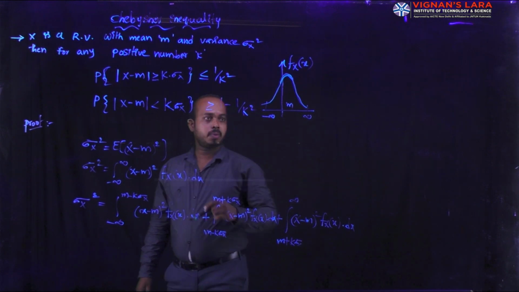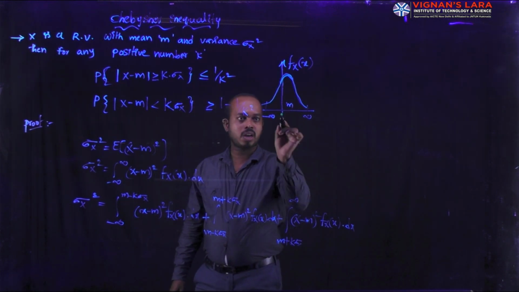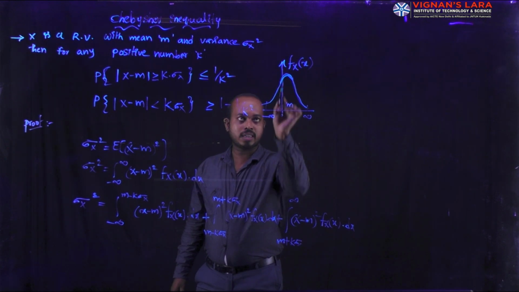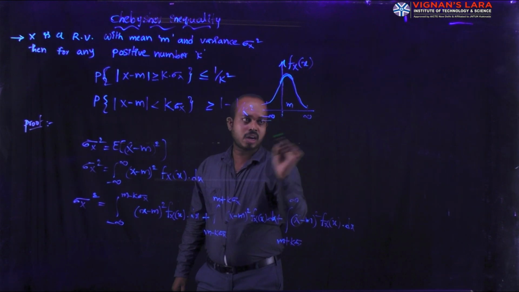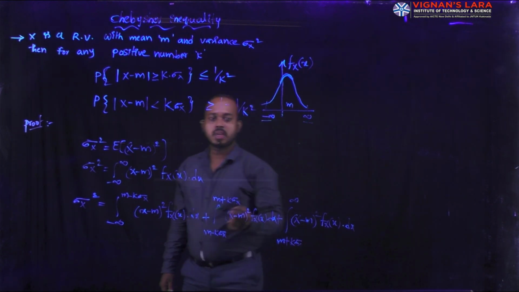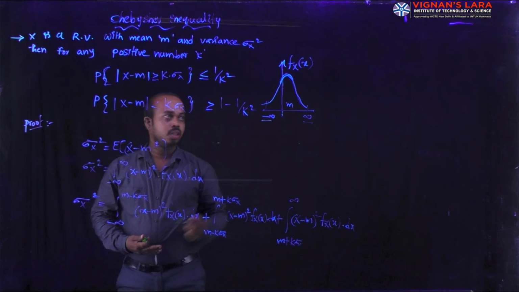The mean value is fixed, lying at the middle of the curve; the negative side is minus infinity and the positive side is plus infinity. Generally, we represent the density function with a bell-shaped curve.